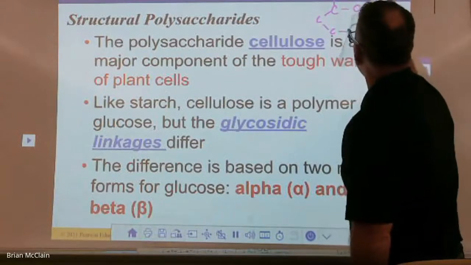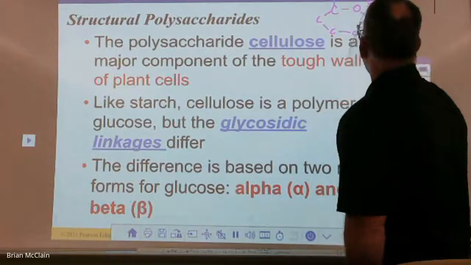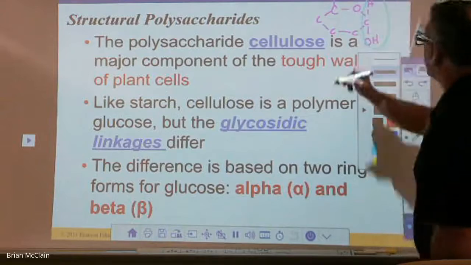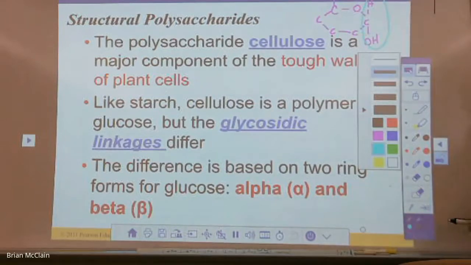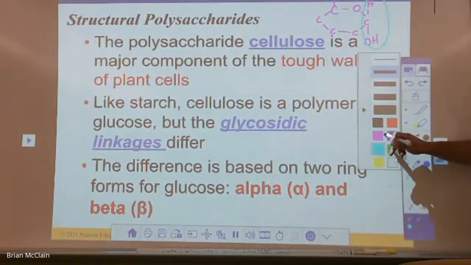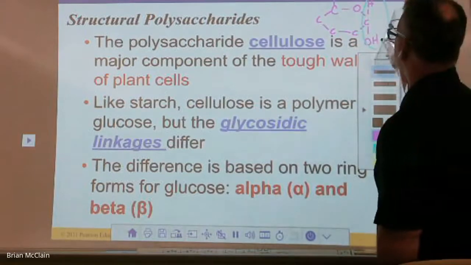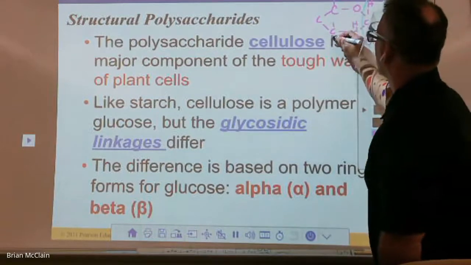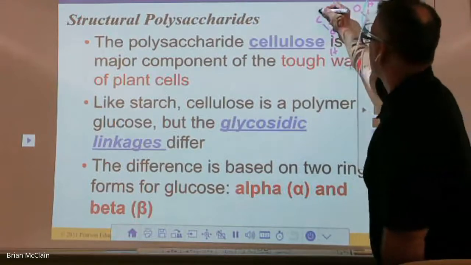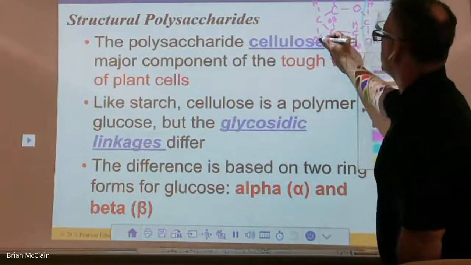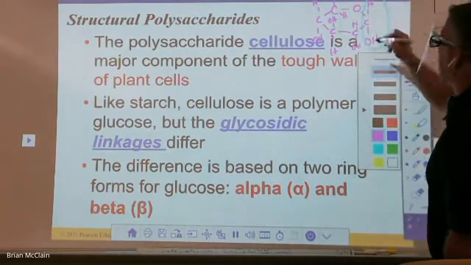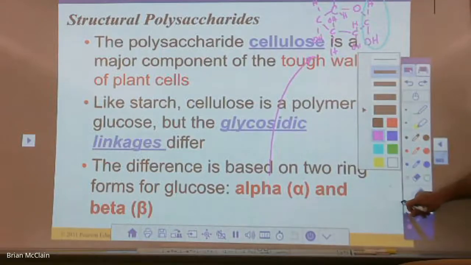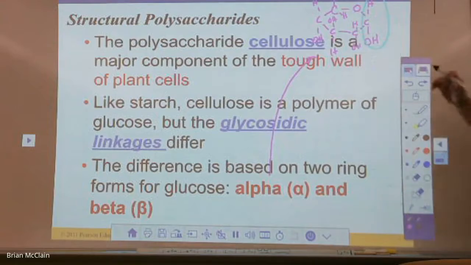Whenever you look at something that has this position right here, the H up and the OH facing down, and then the rest of it is obviously the rest of the glucose molecule. So this would also be H up, OH down, OH, H. This is going to be H and an OH, and then you're going to have a little hydrogen here. This is the alpha version. So just know that the hydrogen up, hydroxyl facing down is going to be alpha.